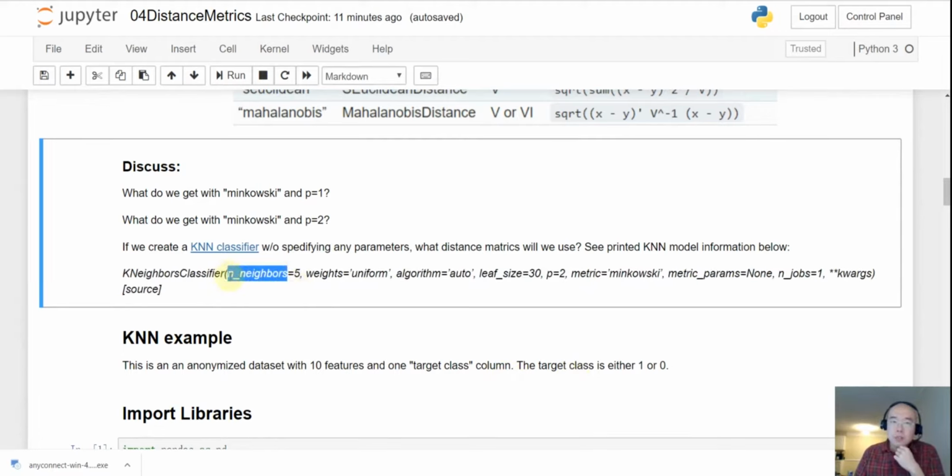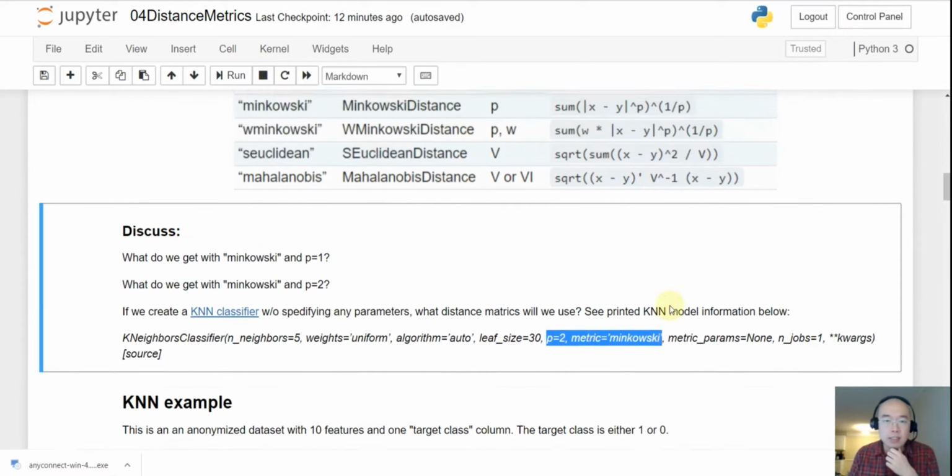This means if you don't specify how many neighbors to look at, scikit-learn will look at the 5 nearest neighbors. And what else? The metric, this is the distance metric. By default, it is the Minkowski distance, with p equal to 2.